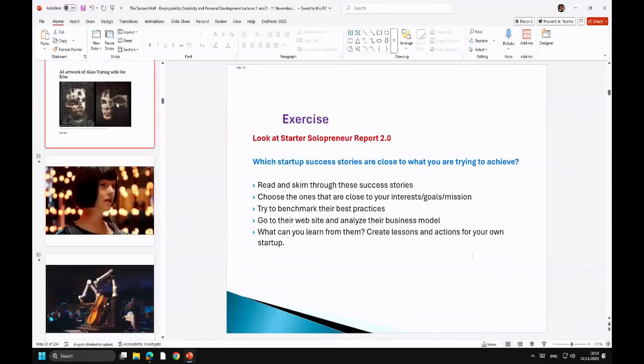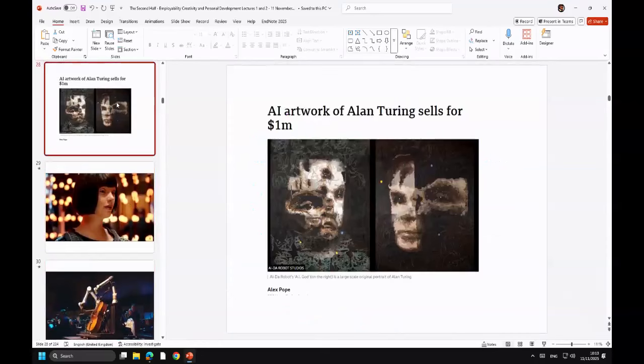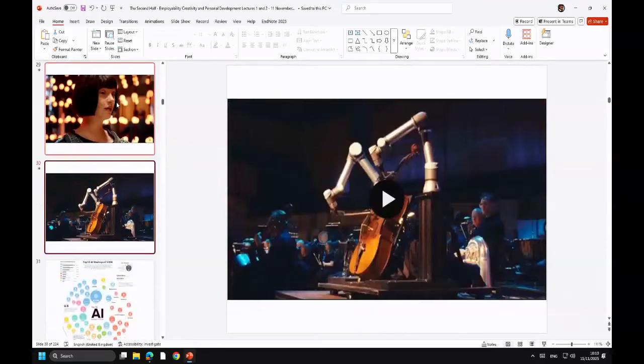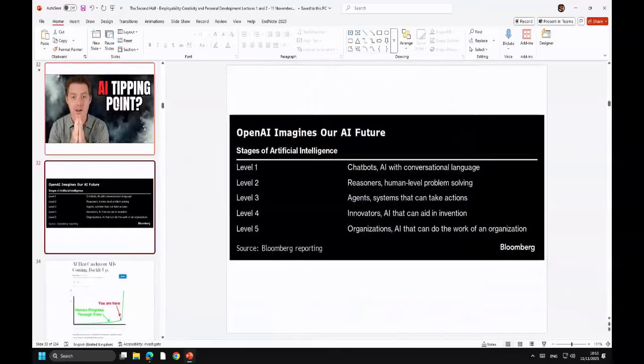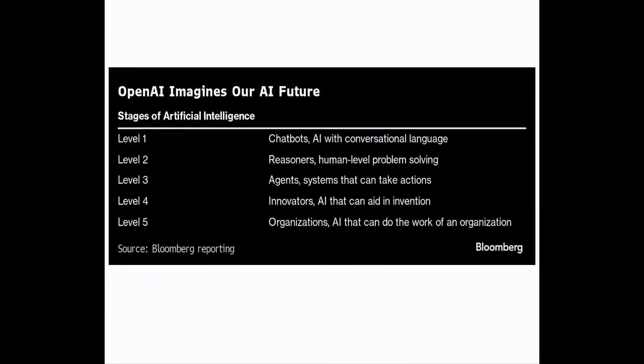So there are lots of AI developments. AI artwork, you can discover these. AI music, AI tipping points. But things are non-linear. Our AI future, we are at level 3 right now.